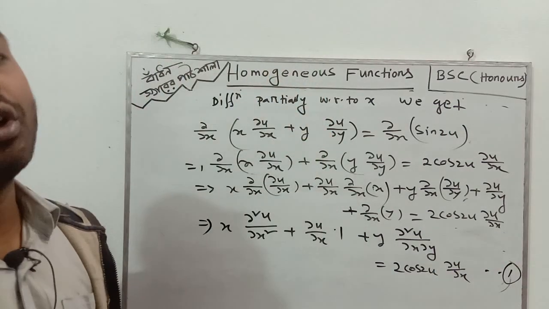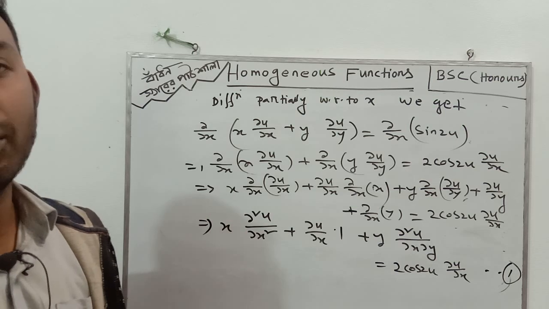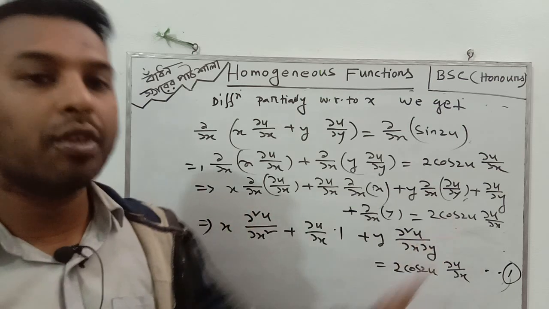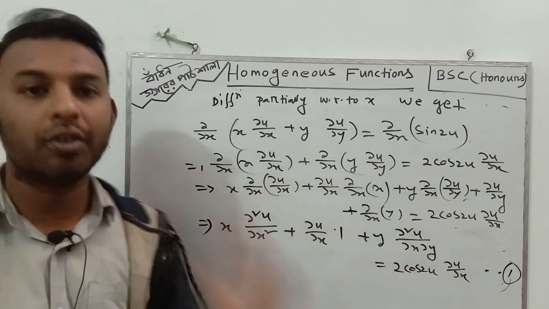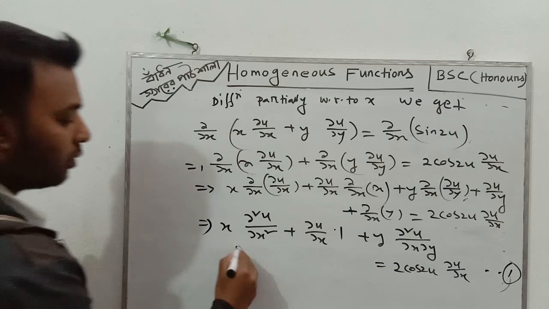Now the left side of the equation which is given to prove has x square. So we have to multiply this equation by x.